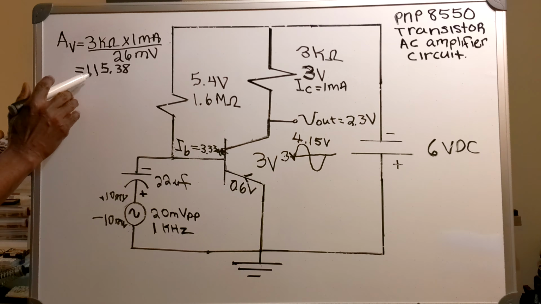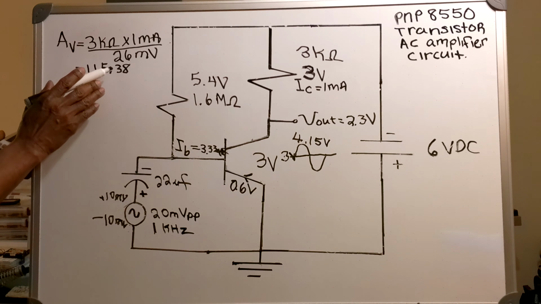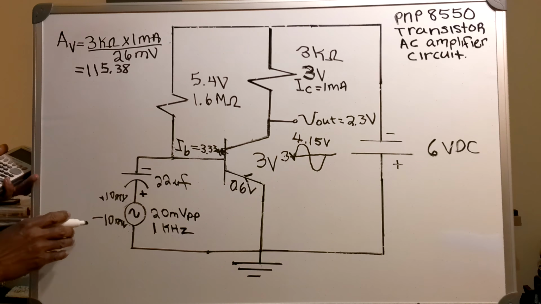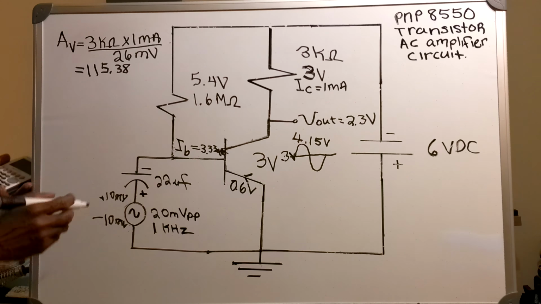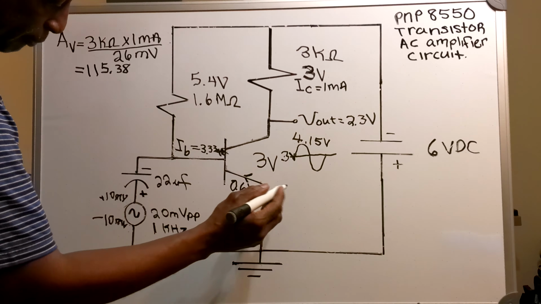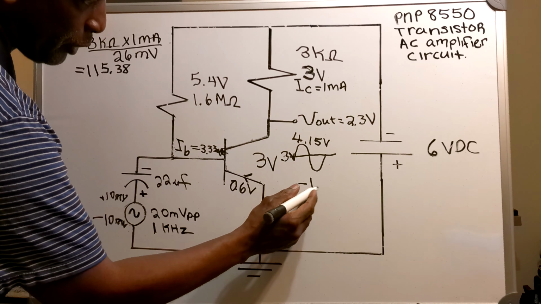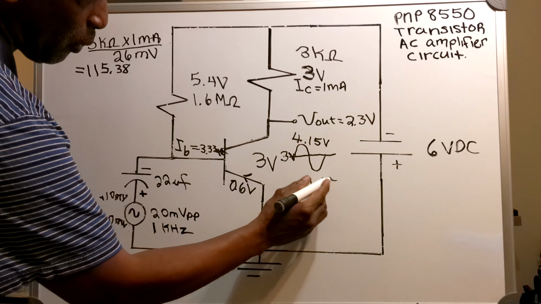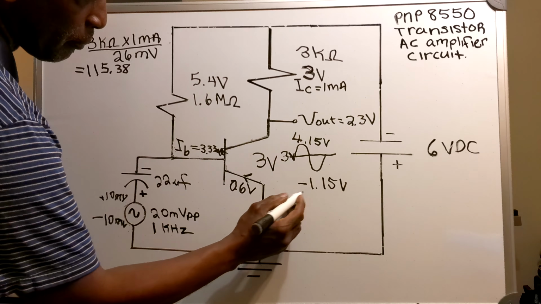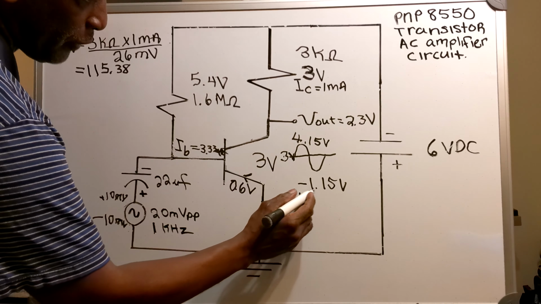Now I will multiply the 115.38 and I'll multiply it by minus 10 millivolts. That will give me minus 1.15 volts. Then I'm going to add 3 volts.